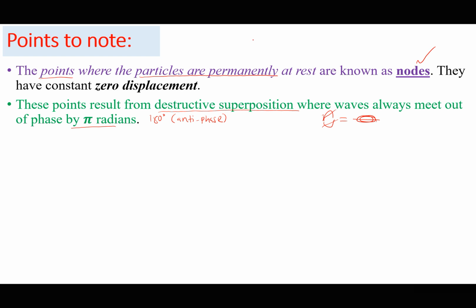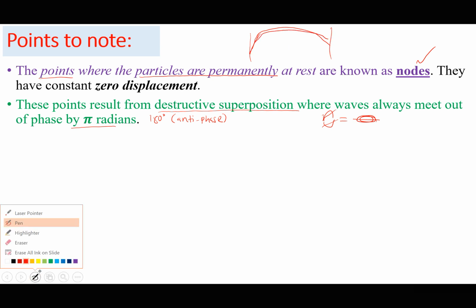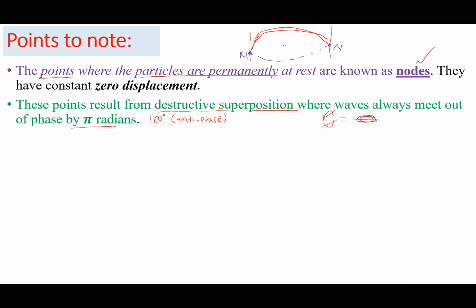So such points where particles are permanently at rest are going to be called the nodes. If I take you back to the fundamental mode of vibration, where we had a fixed point here and a fixed point there, and I will just complete the loop on the other side, we say that we have a node here, and a node here, and an antinode here.